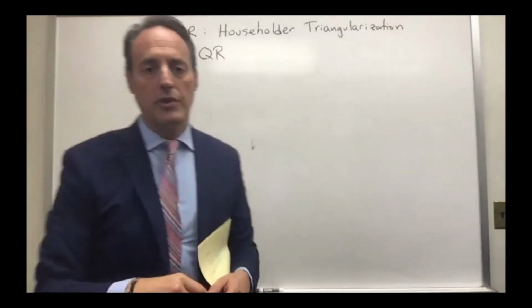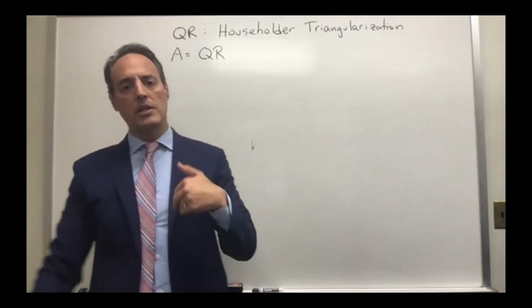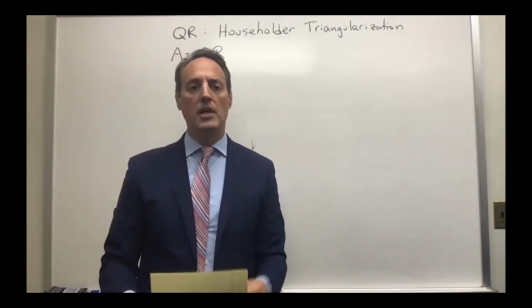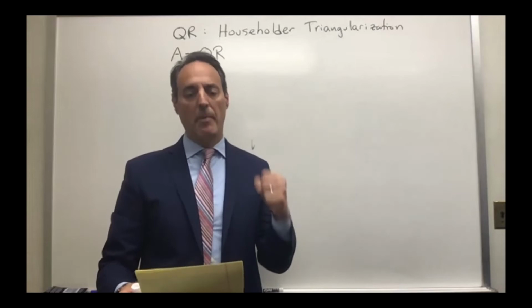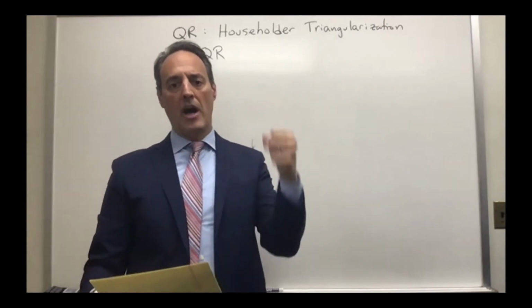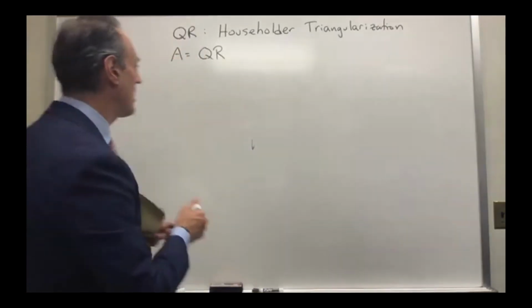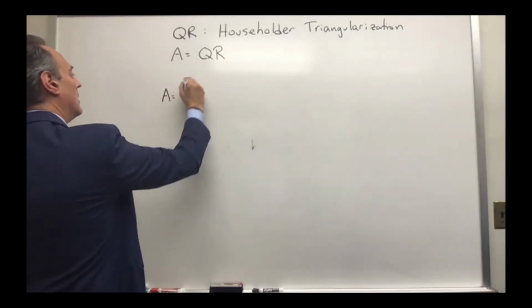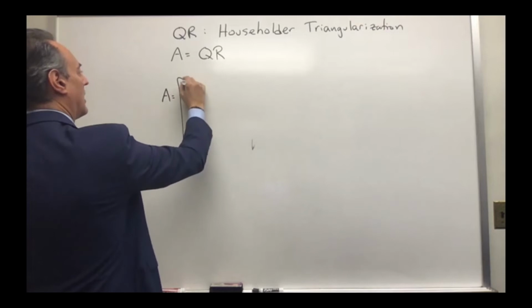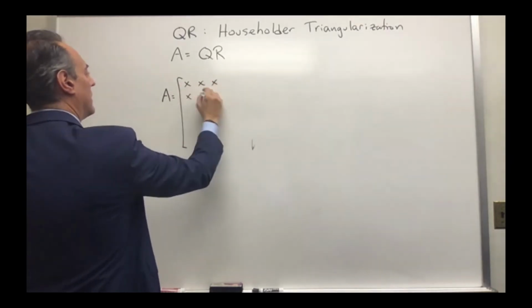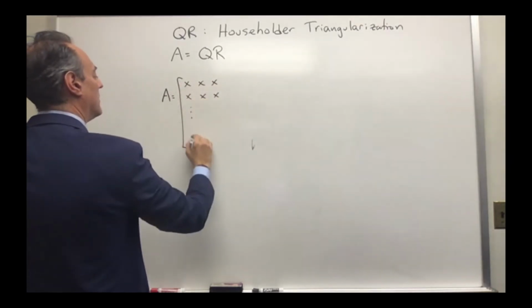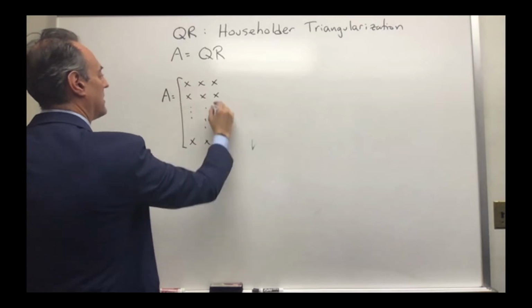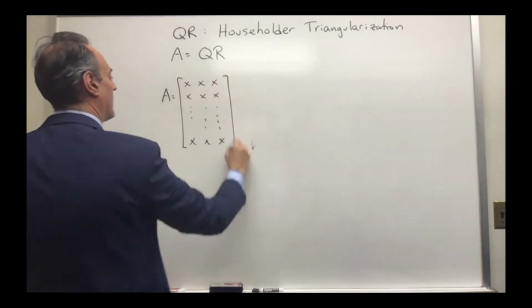So the goal of the transformation is to recursively try to produce this triangular matrix by some orthogonal projectors. So let's take a matrix A. Here it is. Let's say it has 3 columns with some numbers in them. So the X means these are some numerical values.